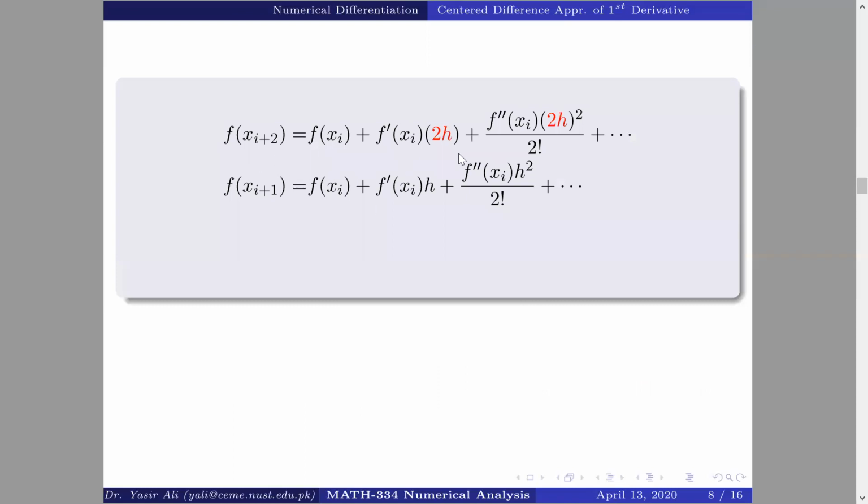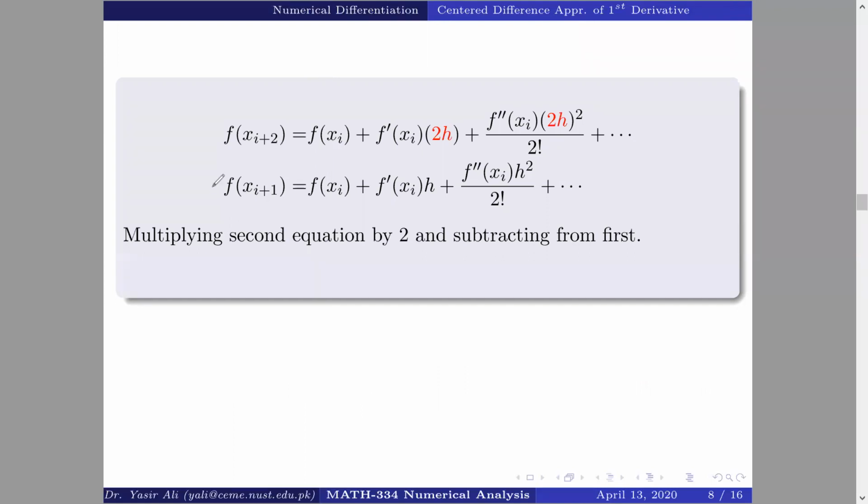So here are the two expressions, f of x i plus 2 and f of x i plus 1, in terms of the Taylor series. What will happen if I multiply the second equation by 2 and then subtract it from equation number 1?